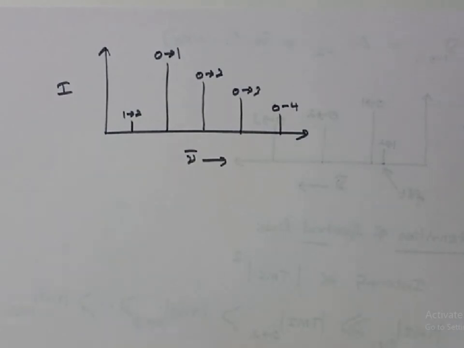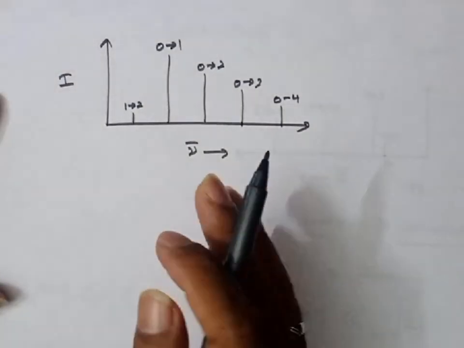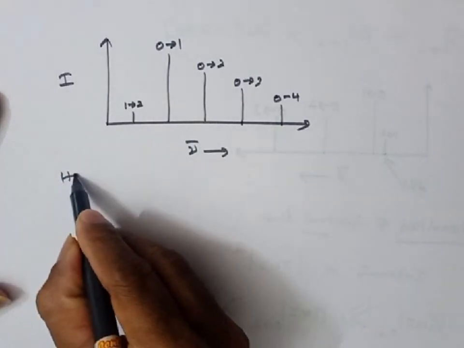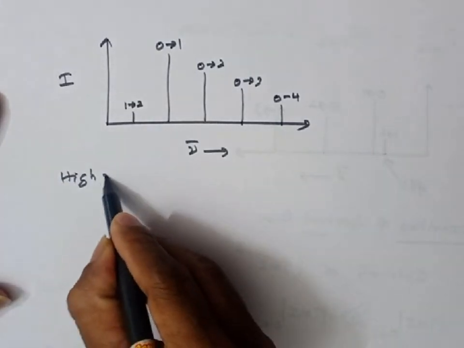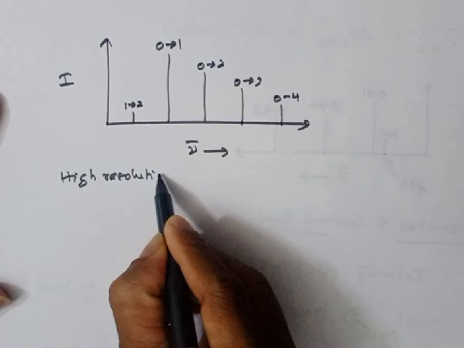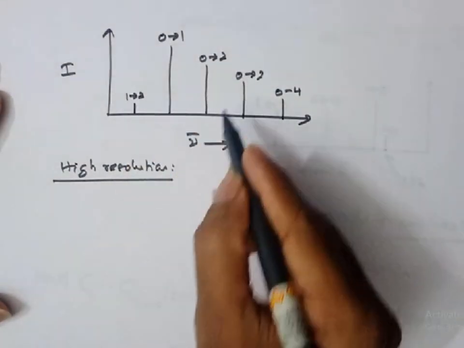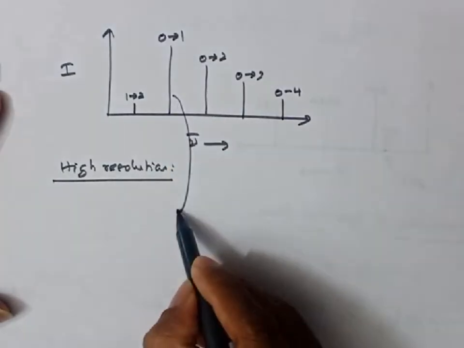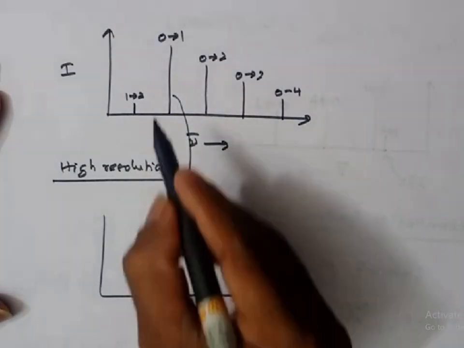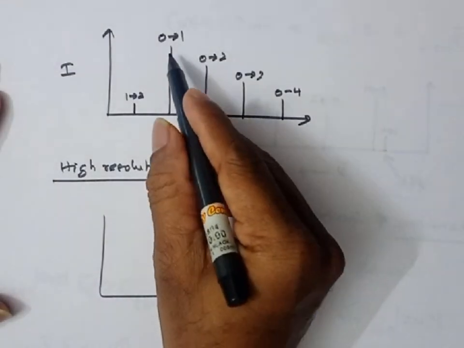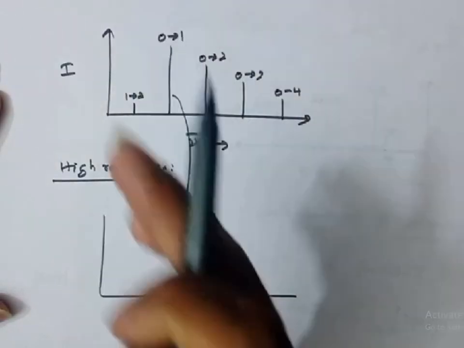But if you go to high resolution IR, if you take the vibrational spectrum using a high resolution spectrometer, each line, let me take the fundamental line for reference. In low resolution, the fundamental line appears like a single line.